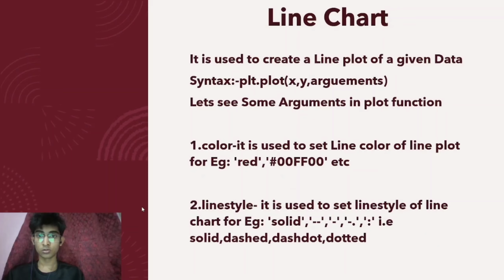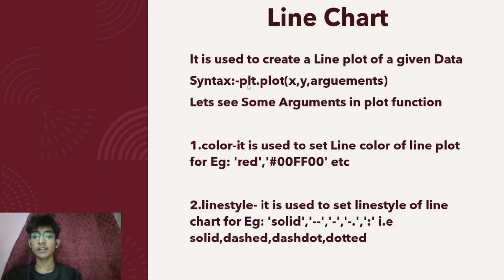Now let's go to line chart. Okay, so before discussing the line chart, we will discuss some arguments and functions. After the end of the video, I will also show in my code editor how it will work and how it will be affected if we change the attributes and functions. Okay, so let's discuss this. Line chart. So what is a line chart, or we can say line plot? It is used to create a line plot of given data.